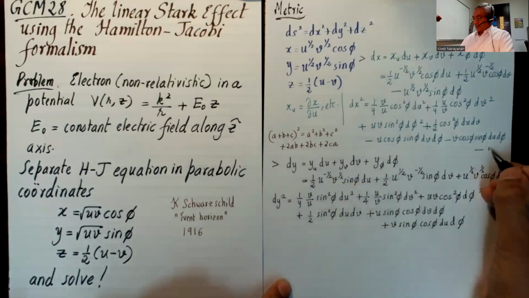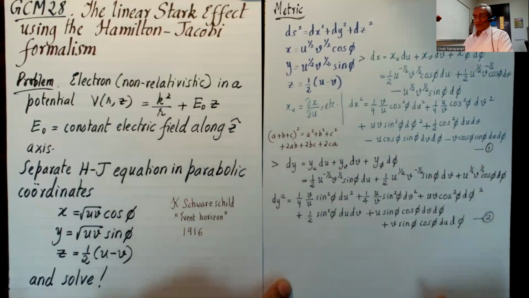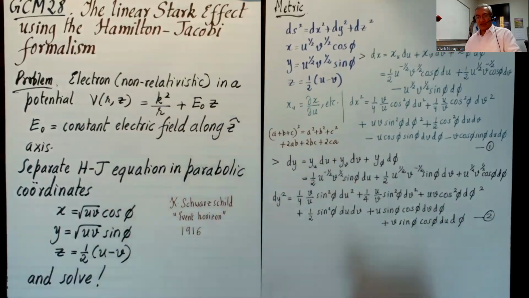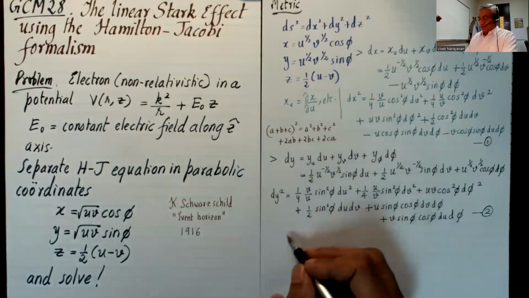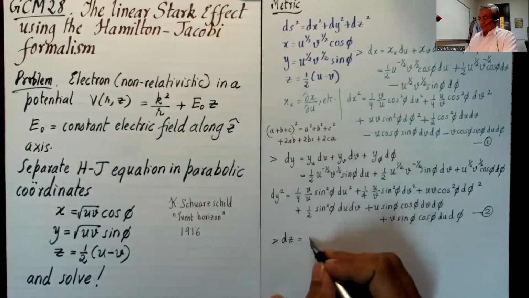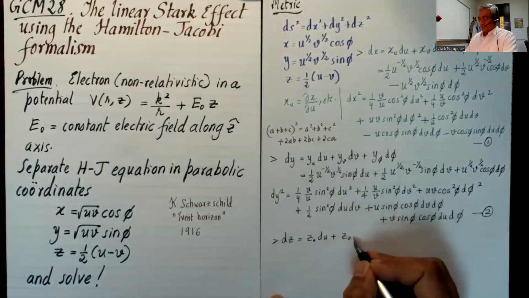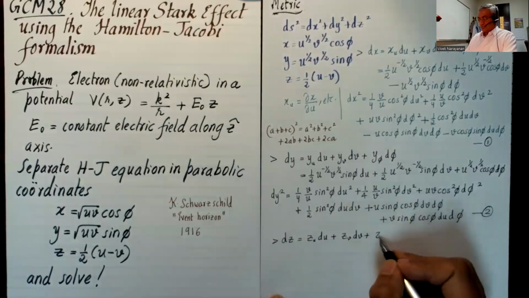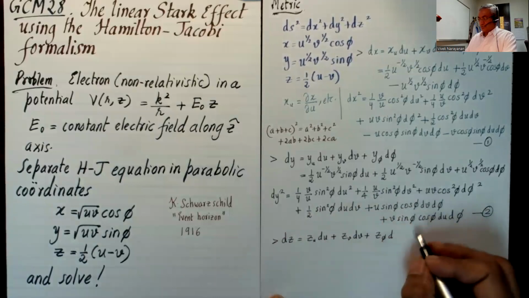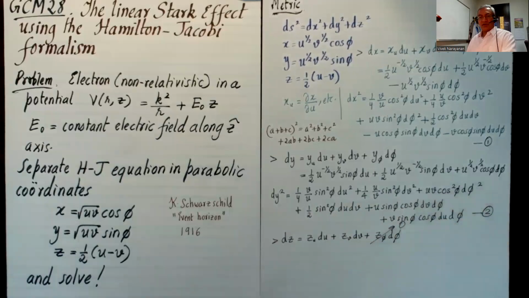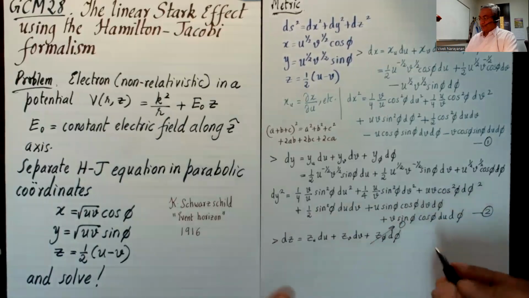We label these equations. I'll call this 1, I'll call this 2. Z, fortunately for us, Z is a little bit easier than X or Y, so this will take a little bit less time. Observe that Z does not even have a phi term, so we'll just have two terms to deal with.